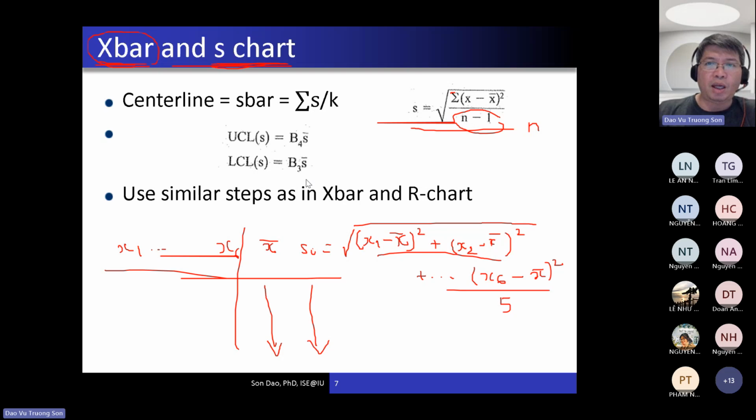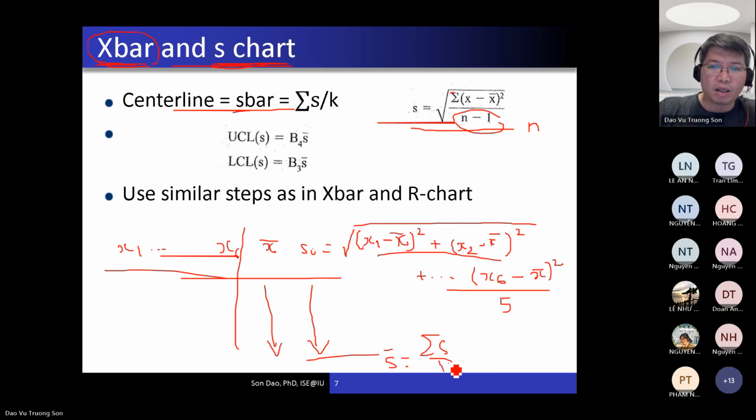All right, and how do we construct the rest? After we calculate S bar, S bar will be the sum of all S divided by K, as I had shown here.